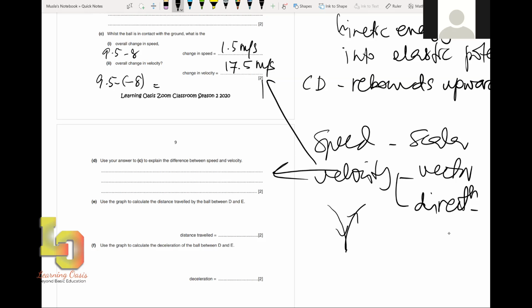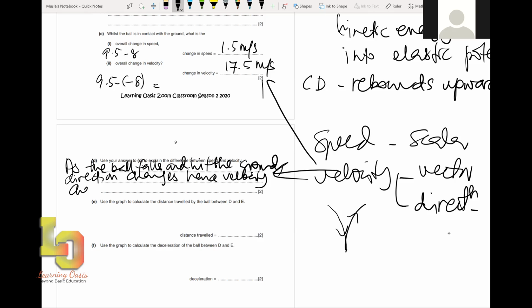With reference to the ball, as the ball falls and hits the ground, what way? Direction changes and velocity changes.